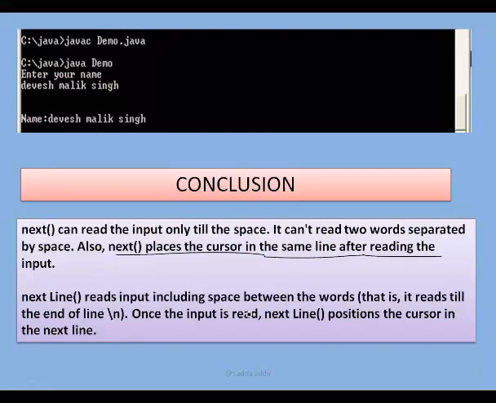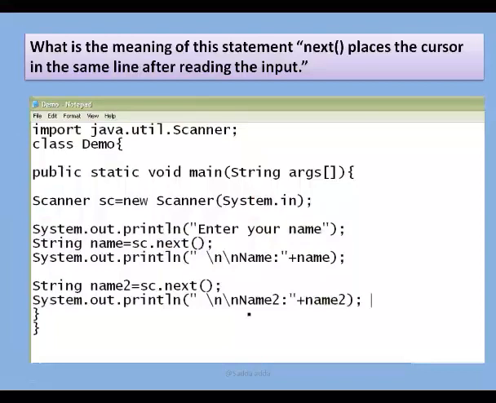Okay, let's see the description or experiment of this statement that is underlined by me. So what is the meaning of this statement? That next places the cursor in the same line after reading the input. So let's see the program very carefully.